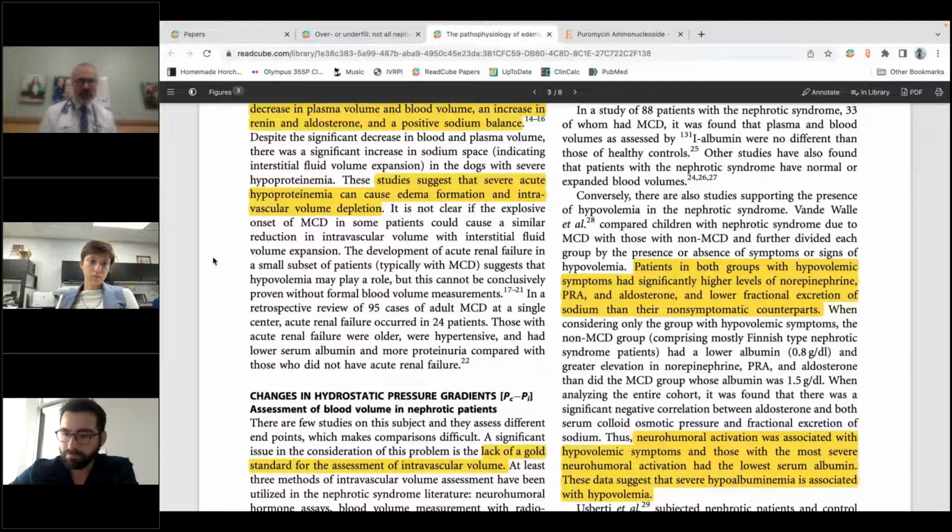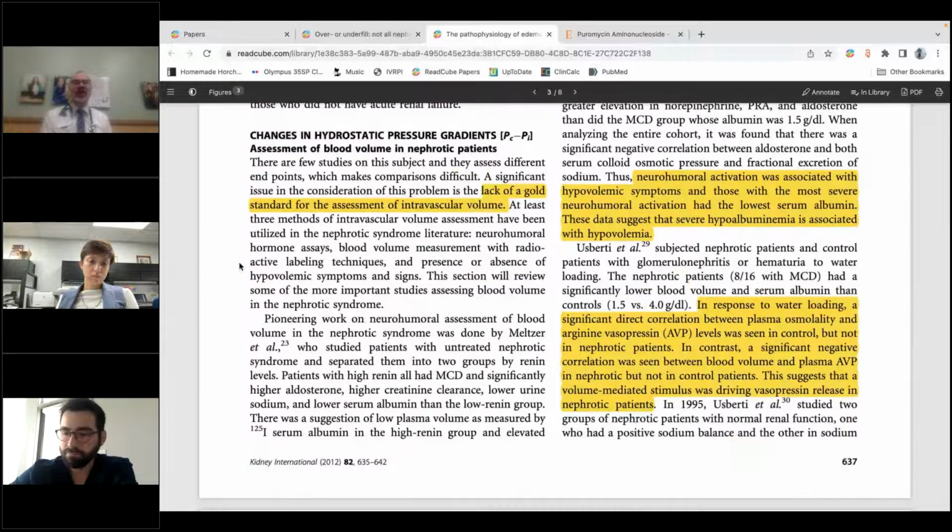Okay, now let's move on to the changes of the hydrostatic pressure. Now this is difficult because there is really not a great, well agreed upon, easily performed test of intravascular volume. We really rely on looking at the RAS activity as a marker of hypovolemia.